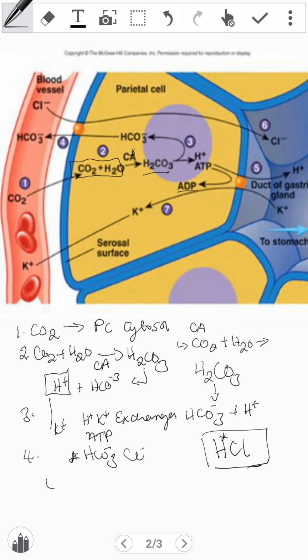Once the chloride ions are in the cytosol, they will go into the lumen of the stomach through chloride channels. These are found on the lumen. And then we have our second product, which is the chloride. So briefly, that is how we have our hydrochloric acid in the stomach.